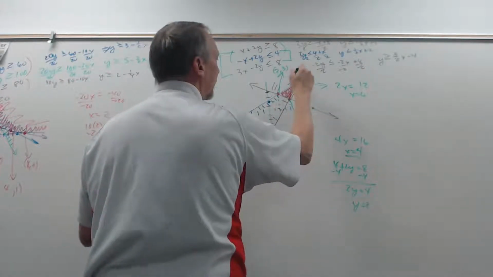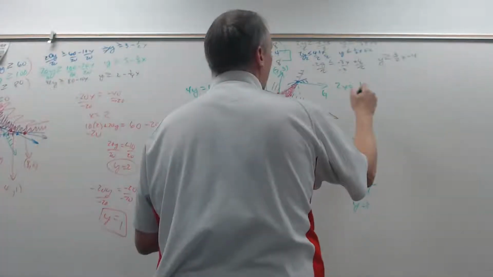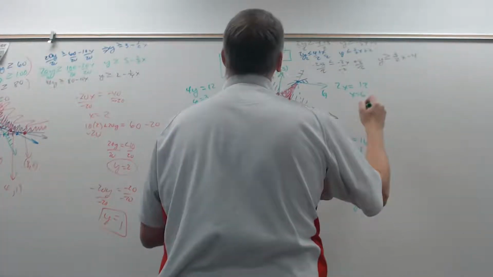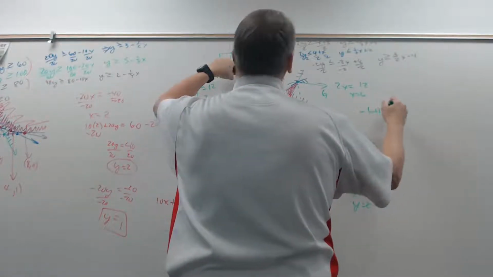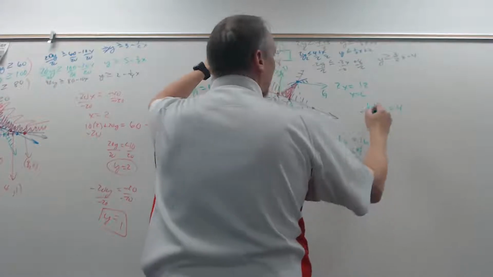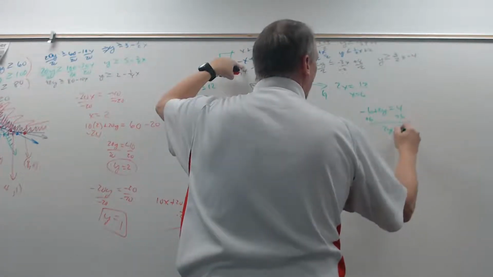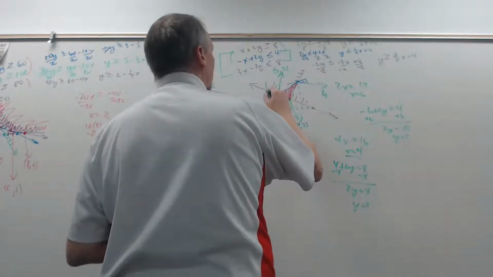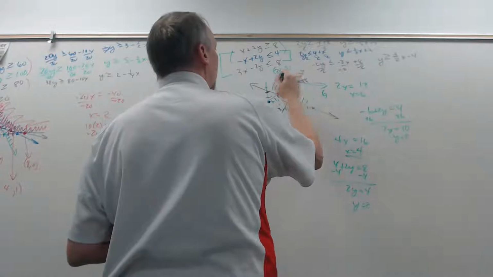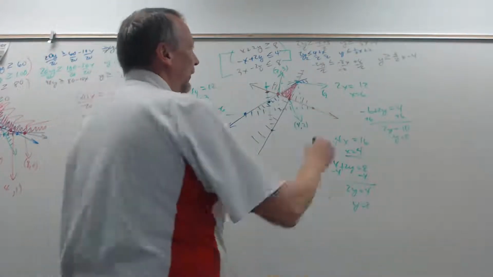Oh, that was pretty good. Then just plug it in, so negative 6 plus 2y equals 4. Add 6. 2y equals 10. Y equals 5. 1, 2, 3, 4, 5. Oh, that was pretty close. So that's 5.